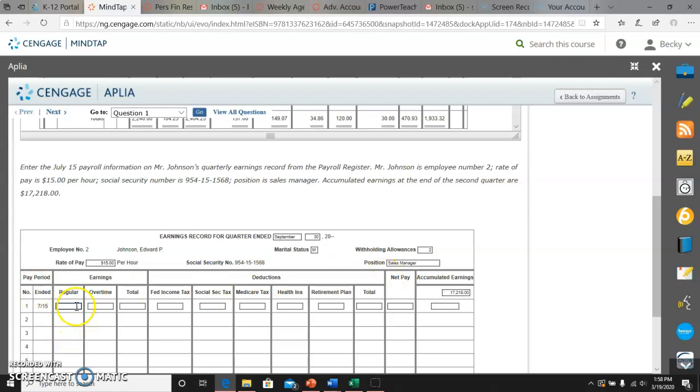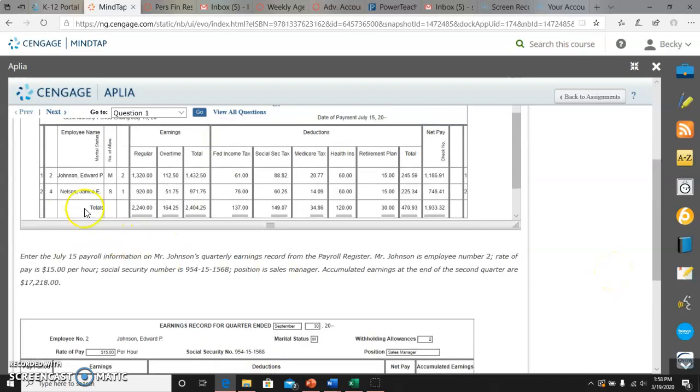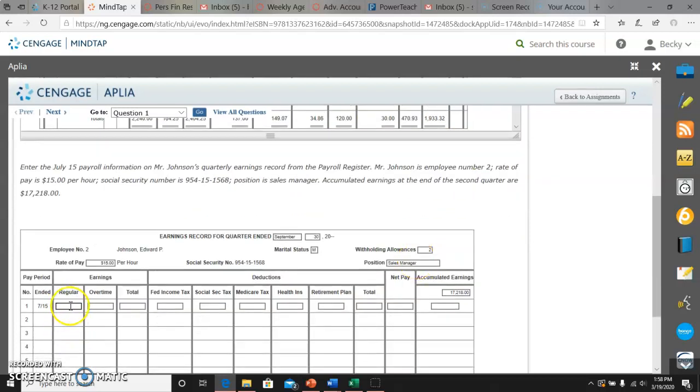So then what I want to do is copy basically his entire payroll register line up here down into this accumulated earnings record for just this individual employee, Edward. So it's 1320.